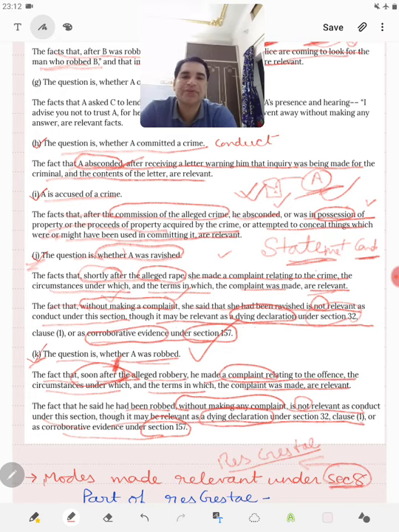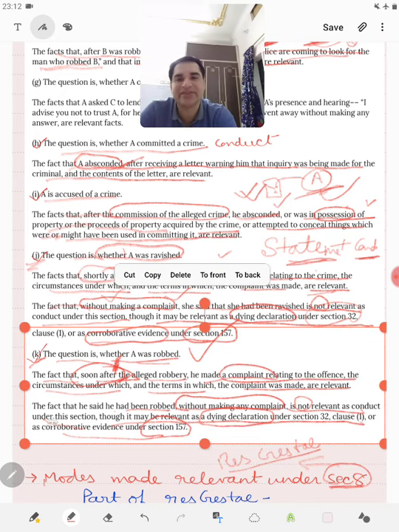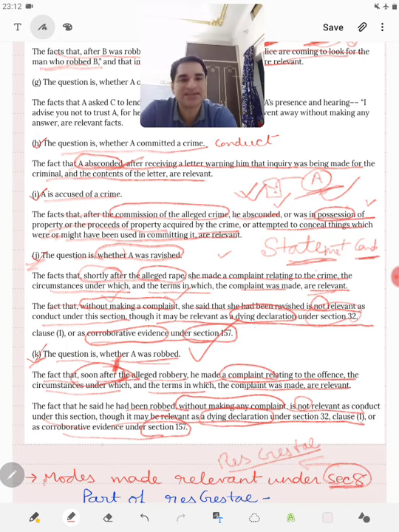So, if he makes a complaint, it will be relevant under this section. If he just makes a statement without making a complaint, it will not be relevant under this section, though it may be relevant under section 32 or section 157.